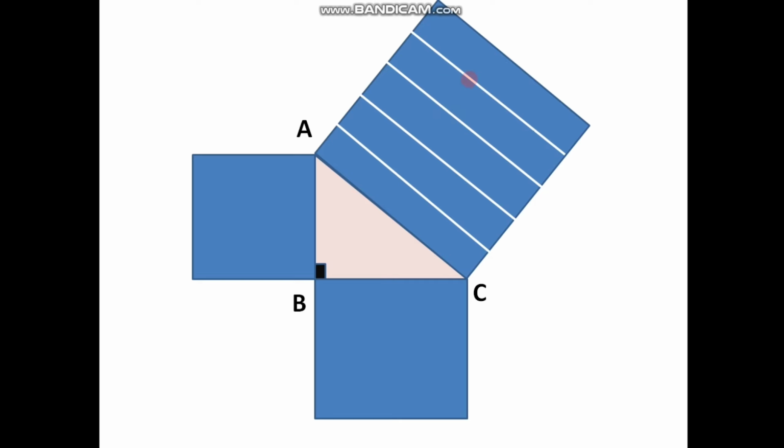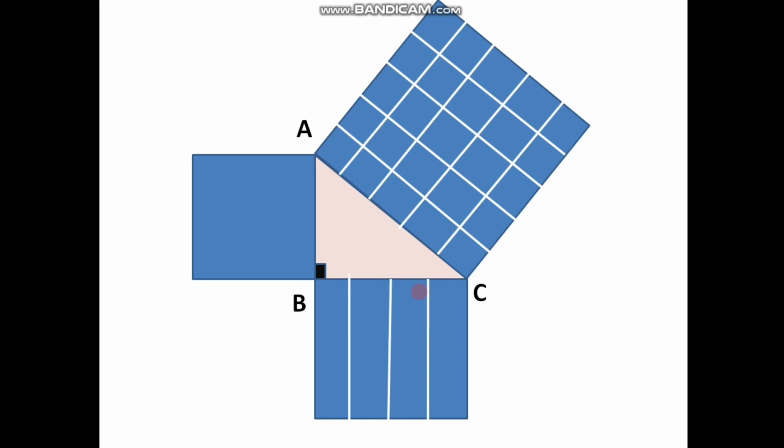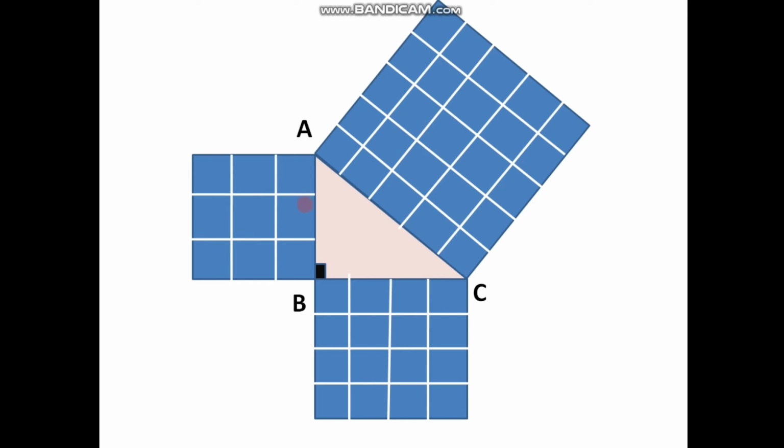Now we have to find the area of all these squares, that is, the area of the square on the hypotenuse, similarly the area of the square on side BC, and the area of the square which is drawn on side AB.